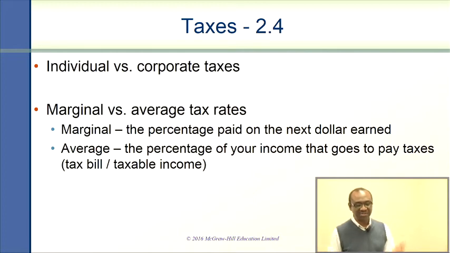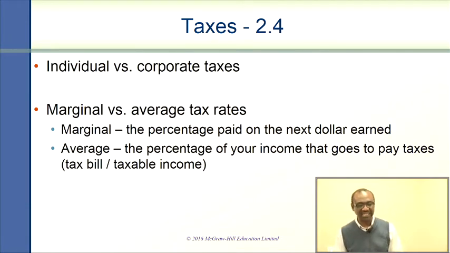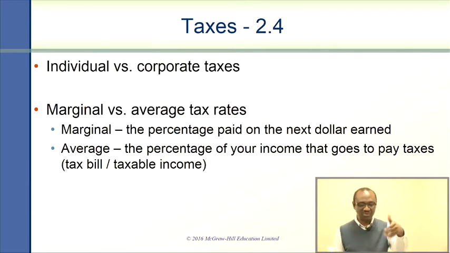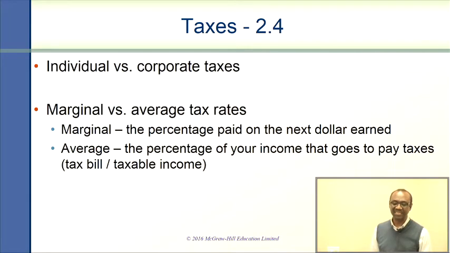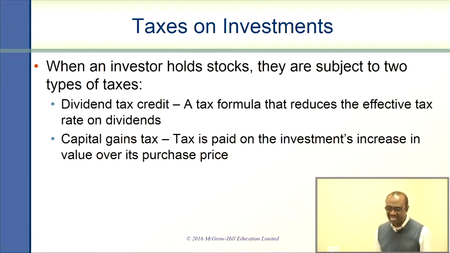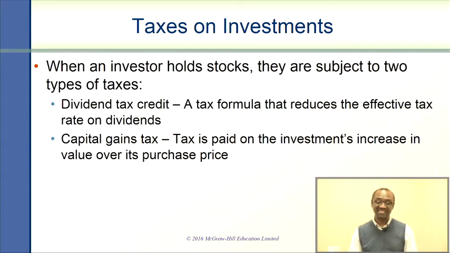The marginal rate, therefore, is the percentage paid on the next dollar earned, whereas the average rate is the percentage of income that goes to pay taxes, such as the tax bill over taxable income. Tax on investment is when an investor holds stock, for example; they are subject to two types of taxes, really.